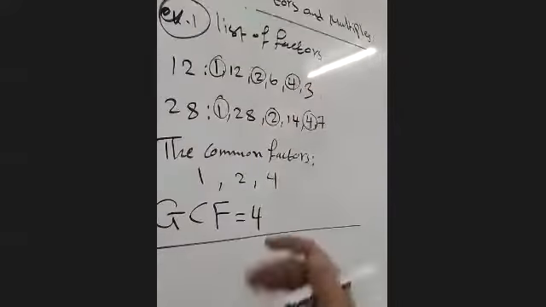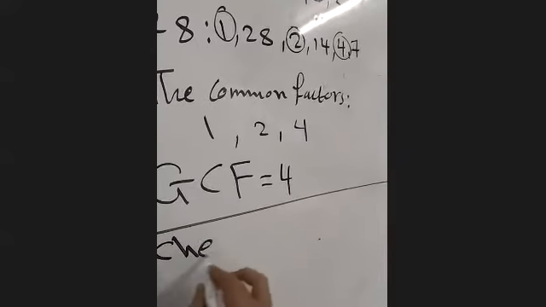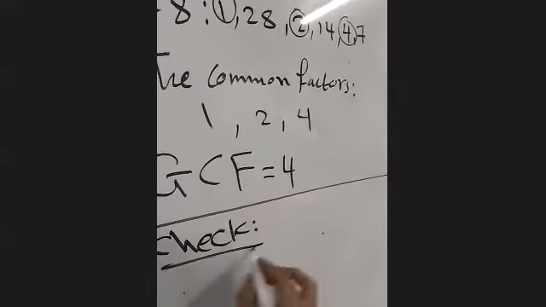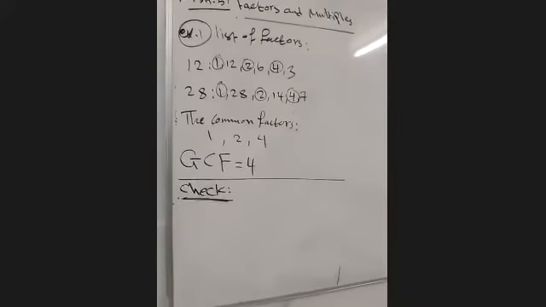Now let's go down, guys. We have a check question down. Let's do it together with Najm. Come on, Najm. Yes, mister. Read the check. Use a list of the factors to find the GCF of 9 and 20.